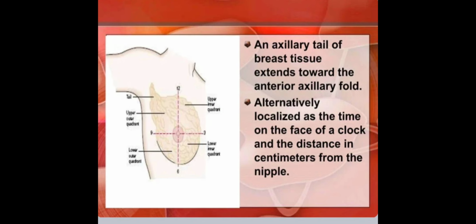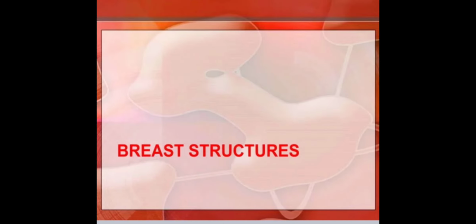Para po pag may makapa kayong mga cyst, at the direction of 1, may nakapa po akong mass dito, 1 o'clock. Ini-imagine po para at least very specific ka kung anong area mo nakapa yung mass or cyst, no?